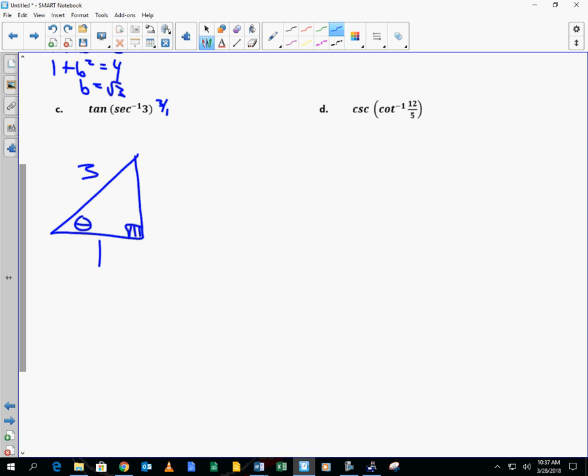If you do tangent of secant inverse, secant inverse comes out to be theta, so we've got tangent of theta. We have to find the opposite over the adjacent, so we do the Pythagorean theorem. Very good, 2 roots of 2. So tangent theta is 2 roots of 2 over 1, or just 2 roots of 2.